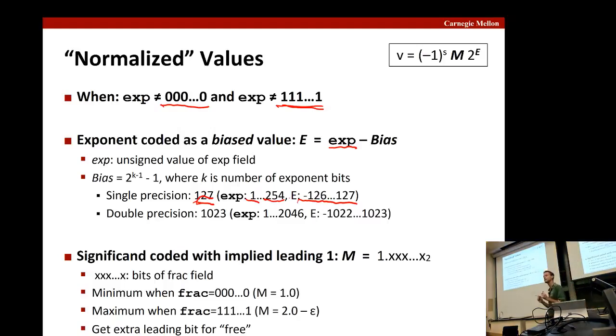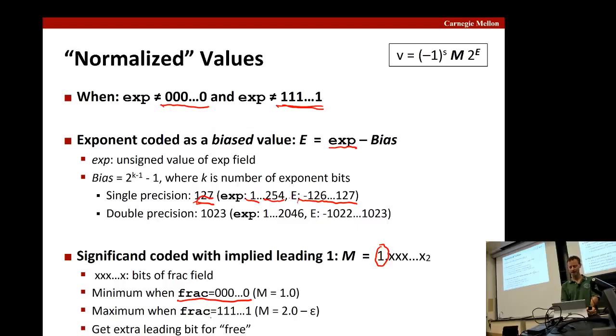Now let's look at the difference between the significand, this m, and the bits that actually show up in the fraction part. The first thing is that there's an implied 1. Our mantissa would be 1 point blah blah blah, but because it's always 1 point something, we don't need to store the 1, which saves us a bit. So it's really all the other bits. It's minimized when the fraction is all zeros, which, because of the implicit 1, corresponds to 1.0.